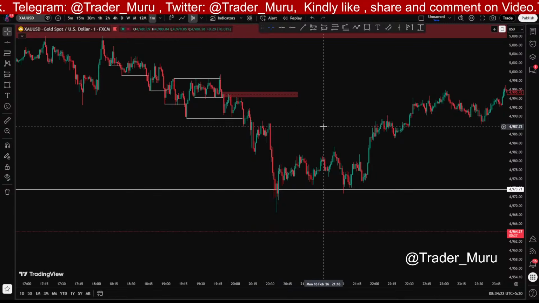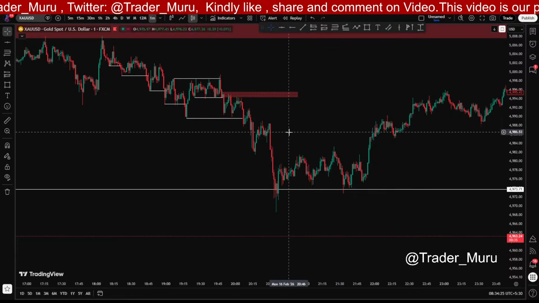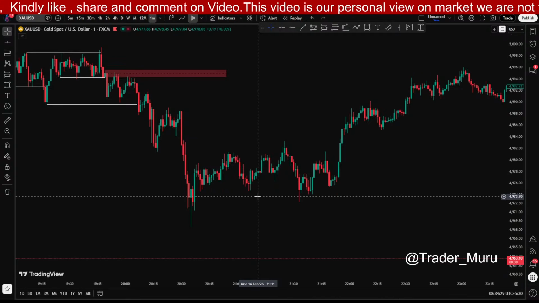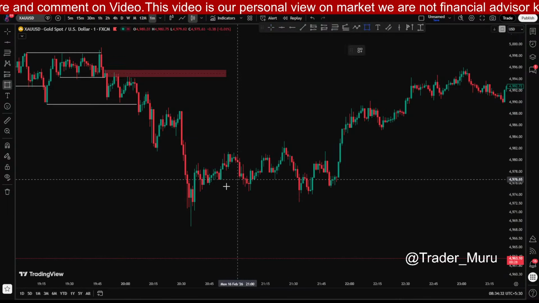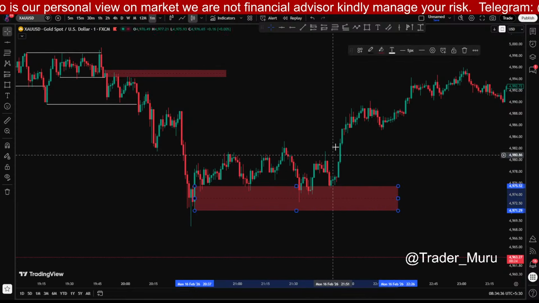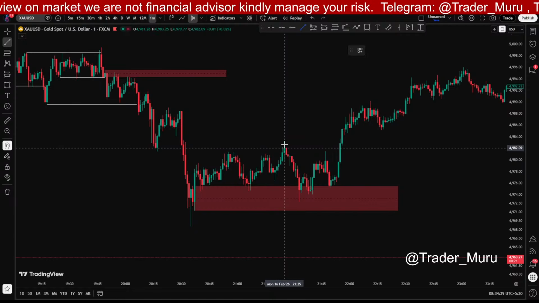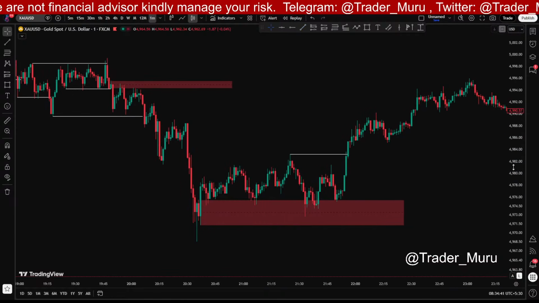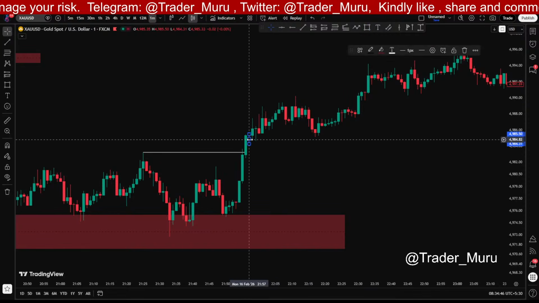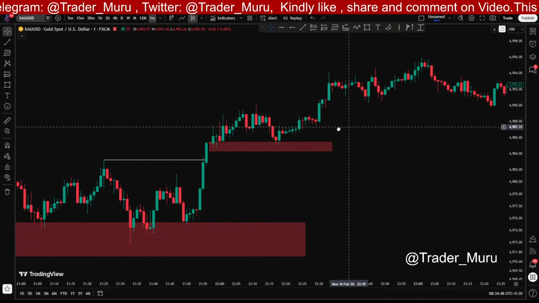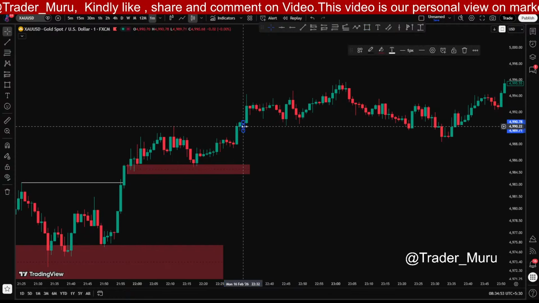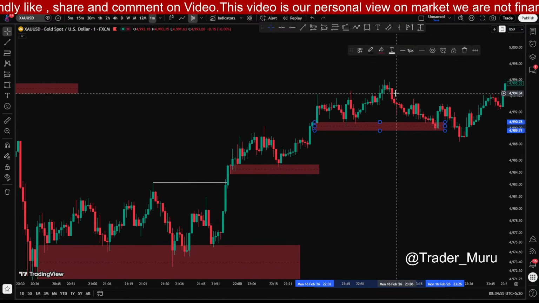So in multiple time frames you will get your multiple price action and multiple POIs. After that you can clearly see how the market works. It just creates a demand, flips above, retests it, pumps, breakout structure, again creates demand, flips above, retests, pumps, again creates demand, flips above, retests, pumps.